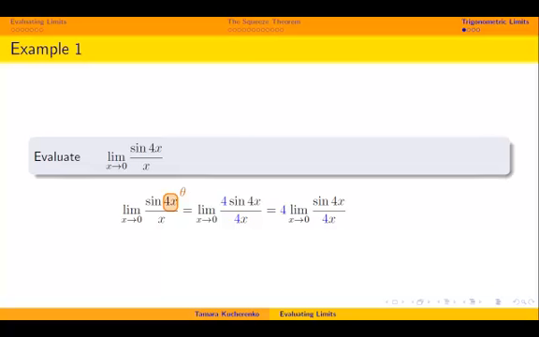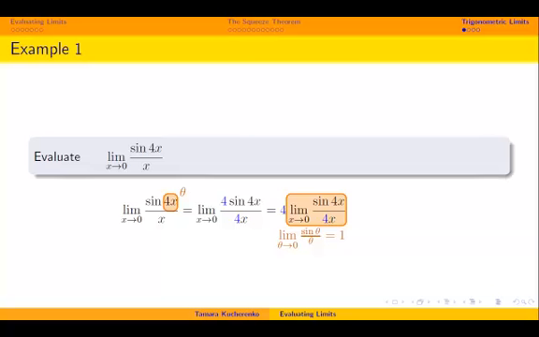The limit as x tends to 0 of sine 4x divided by 4x is exactly the limit of sine theta over theta when theta tends to 0, with theta equals 4x.